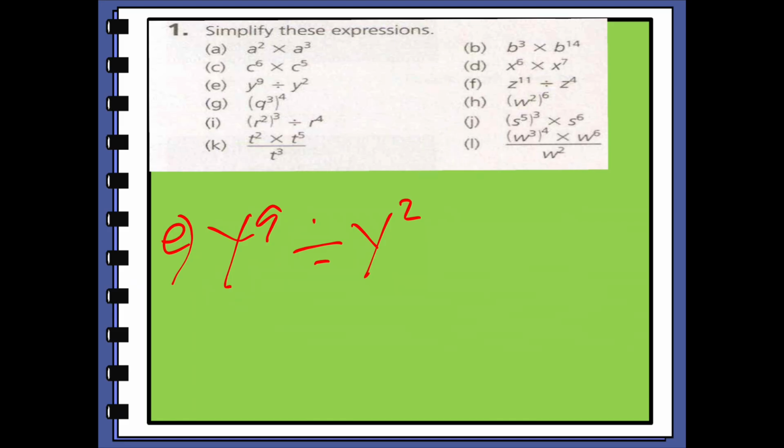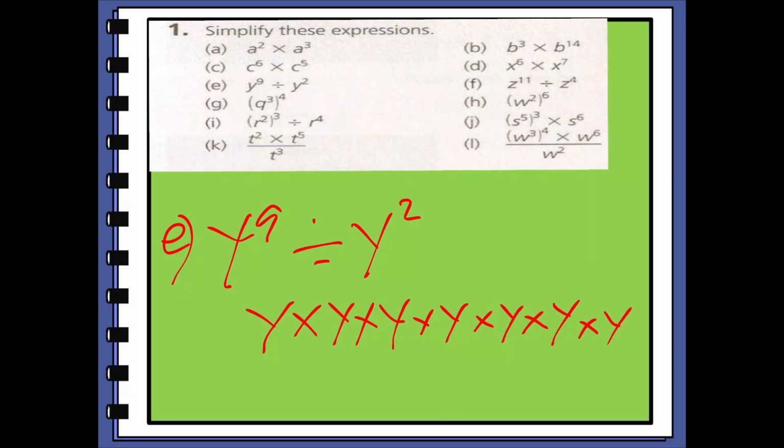Now this literally means we've got 9 sets of y's, 3, 4, 5, 6, 7, 8, and then one more y, and 9 over how many y's? 2 of them, y times y.